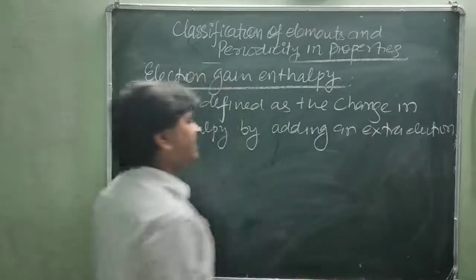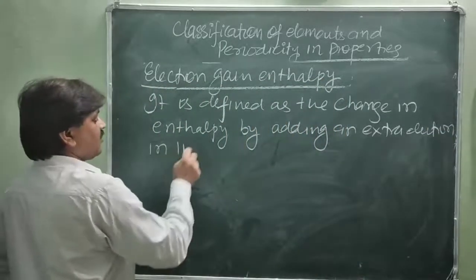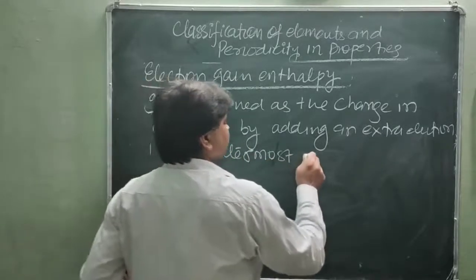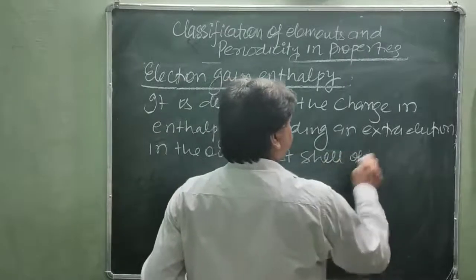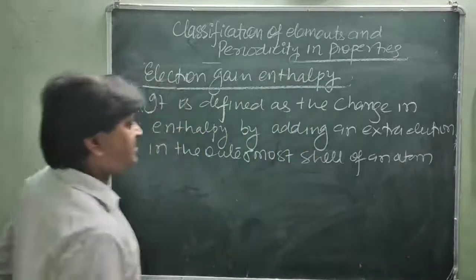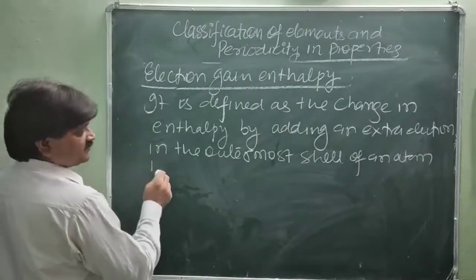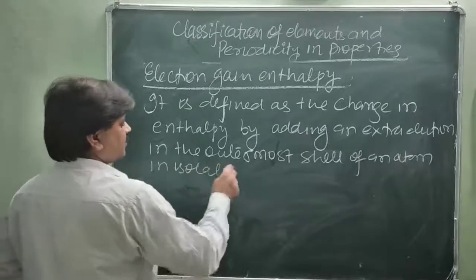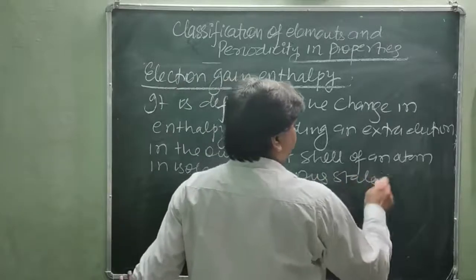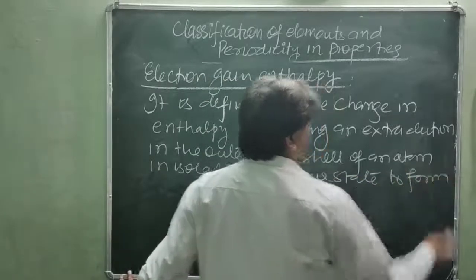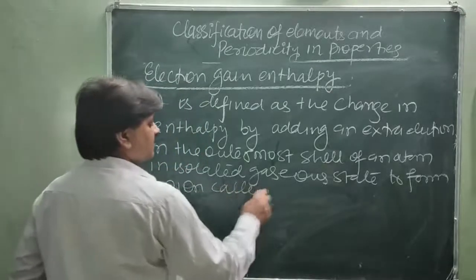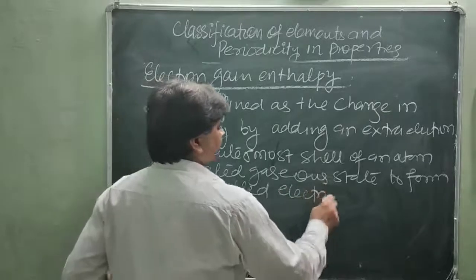in the outermost shell of an atom in isolated gaseous state to form an anion, called electron gain enthalpy.